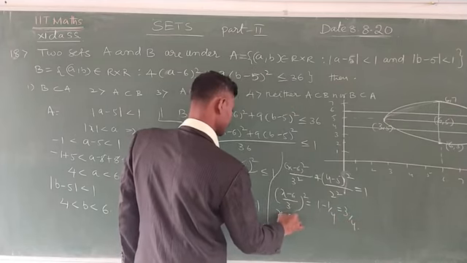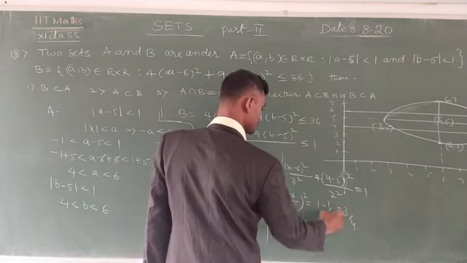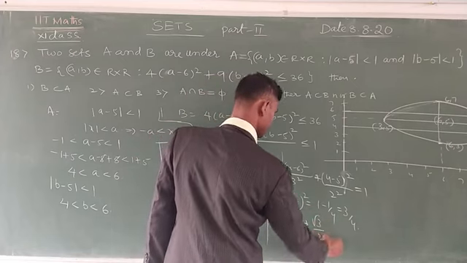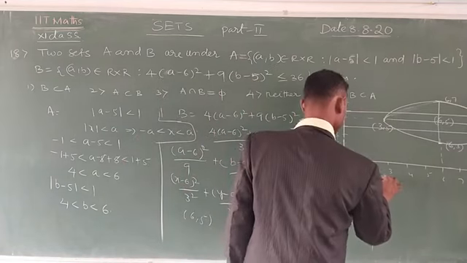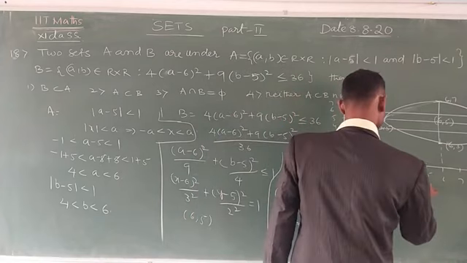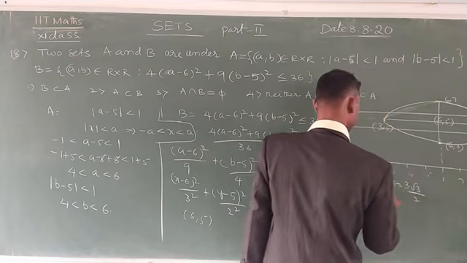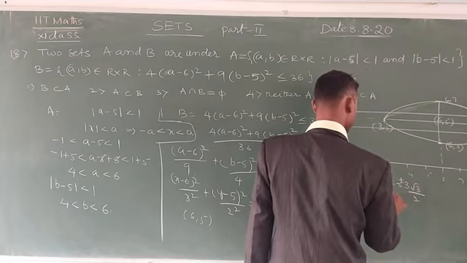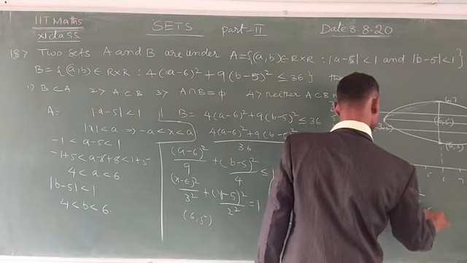Now (x−6)/3 is equal to plus or minus, the square going this side means root 3 by 2. Now you can write x−6 is equal to 3 root 3 by 2, and x is equal to plus or minus 3 root 3 by 2 plus 6.